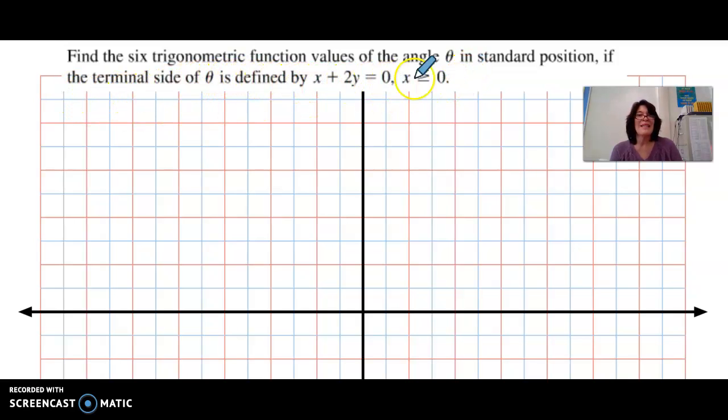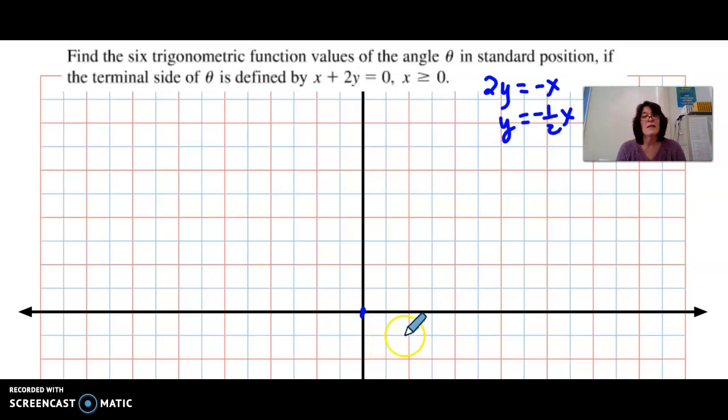by this line. So the first thing you're going to want to do is graph that line, okay? So let me just, a little review of algebra 1. 2y equals negative x. So it looks like y equals negative a half x, if I just subtract x and divide by 2. So my line, y equals negative a half x, goes through 0, 0.